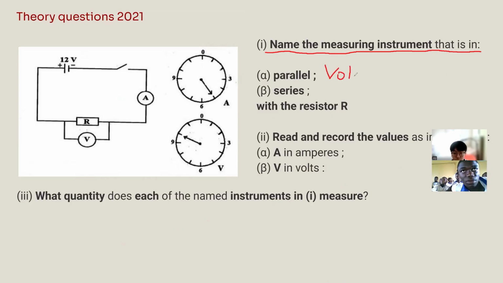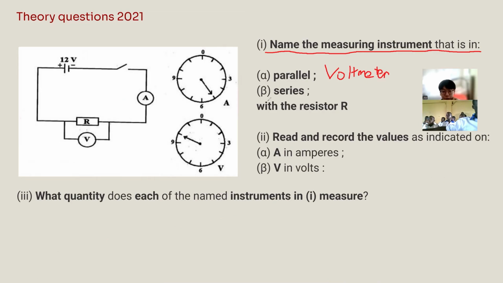Yes, that's right, the voltmeter. What about B, series in the circuit? Ammeter. Yes, that is right. It's ammeter. Okay, voltmeter and ammeter.